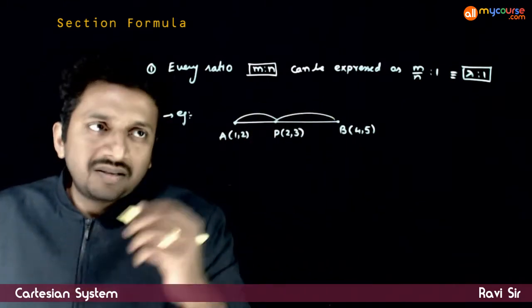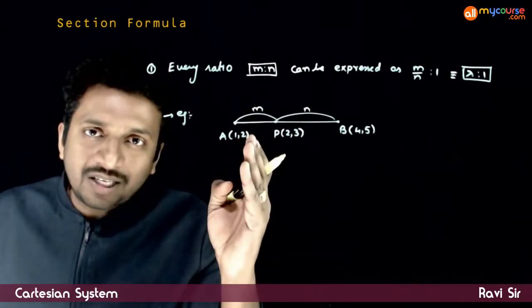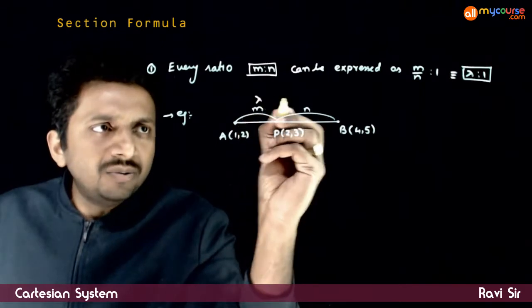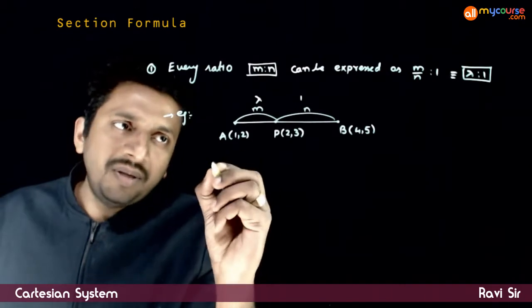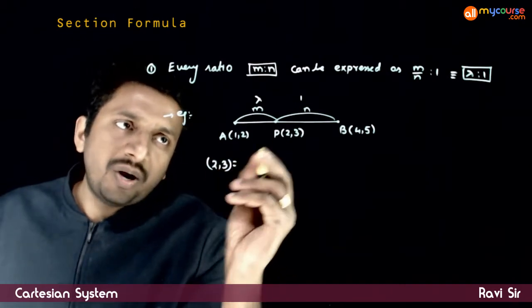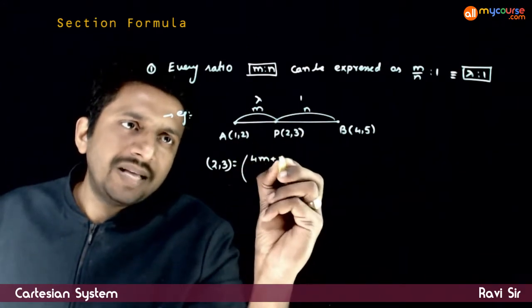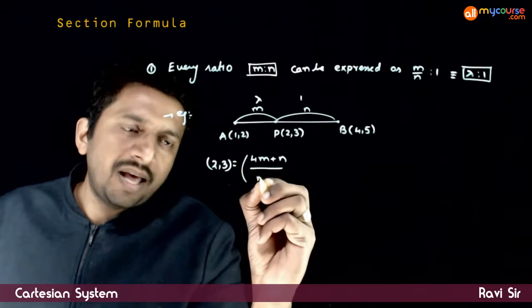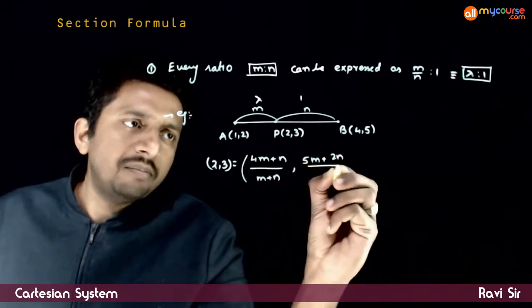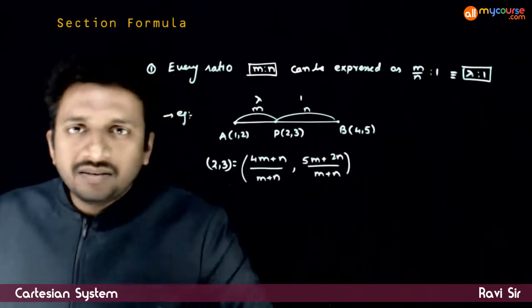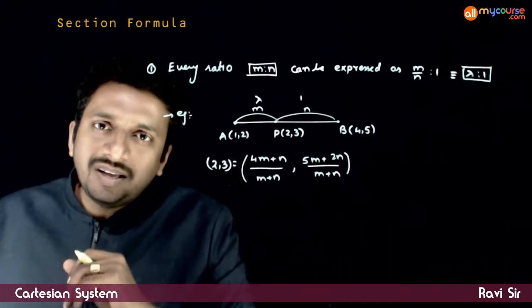There are two ways. You can assume that the ratio is m:n or λ:1. If you assume the ratio to be m:n, the working will be (2, 3) equals ((4m + 1n)/(m + n), (5m + 2n)/(m + n)).